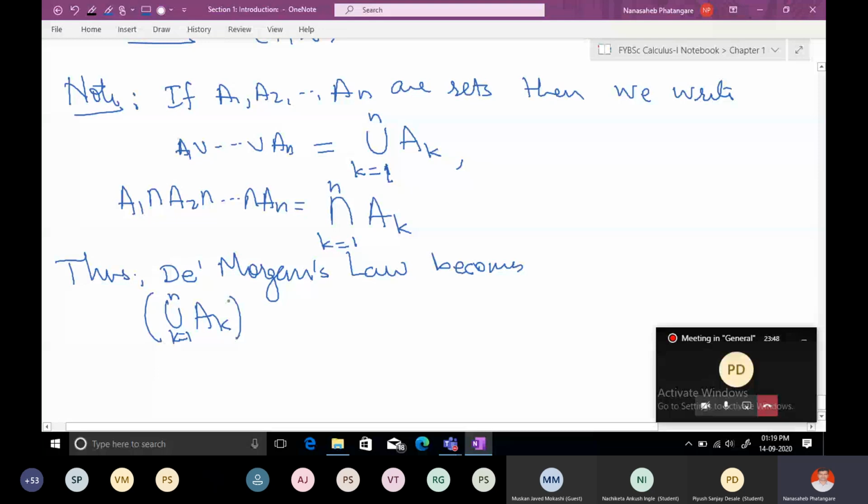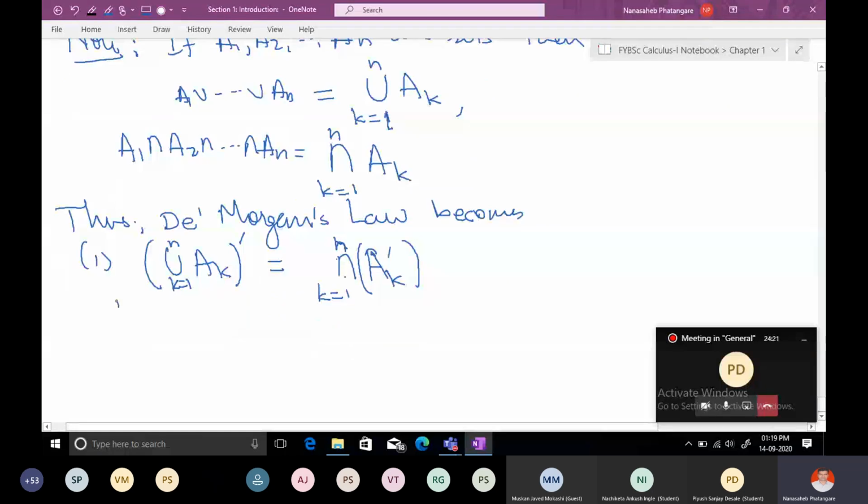Its complement, that means it is the complement of a union. By De Morgan's law, what is it? It is the intersection of the complements of all these Aks. So Ak complement, and k is from 1 to n. So I have each Ak and I am taking its complement. So A1 complement intersection with A2 complement intersection with, and so on. And therefore, in short, I can write down De Morgan's law in this way.